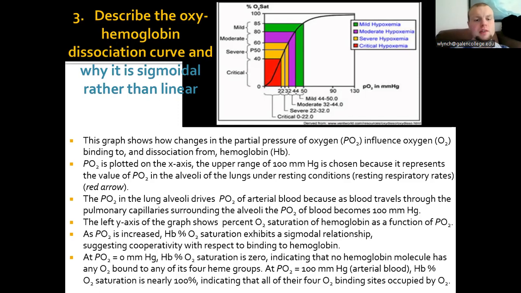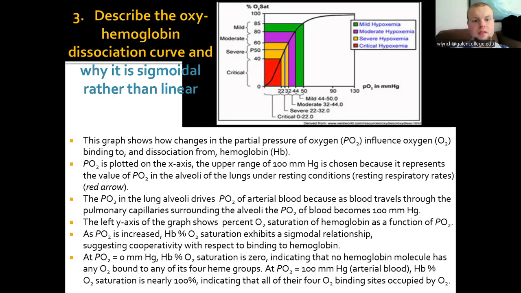If we have much less than we need, if the oxygen partial pressure is 0, automatically the hemoglobin saturation is going to be 0 because there is no hemoglobin molecule that has any oxygen bound to it. So for normal circumstances, our oxygen partial pressure is 100 millimeters of mercury in arterial blood. And at that circumstance, 100% of our hemoglobin is going to be bound to oxygen.